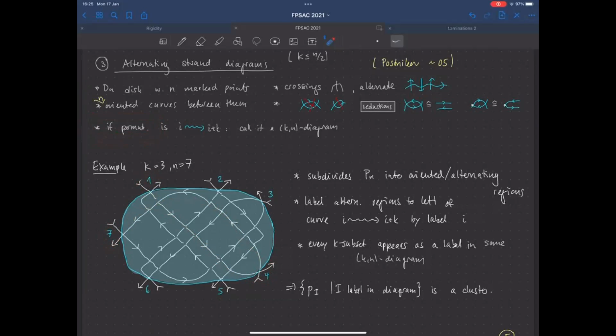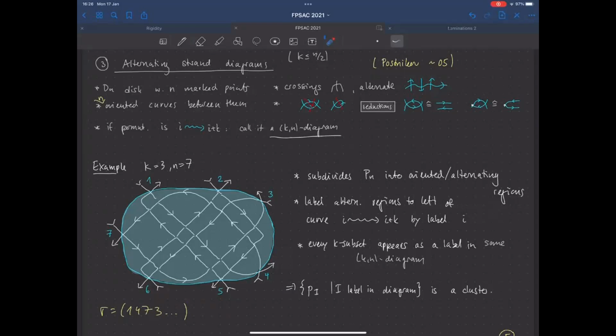And so the permutation would be (1 4 7 3) in cycle notation. So if that permutation is quite homogeneous, just adding k in each step, we call the diagram a (k,n) diagram. So that's important because we want to look at this big cell in the Grassmannian.